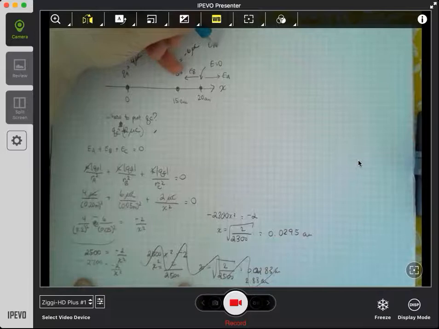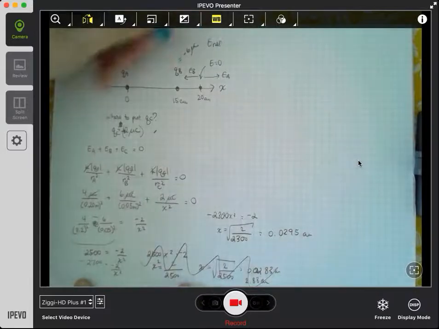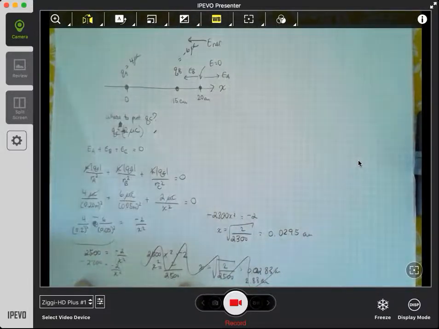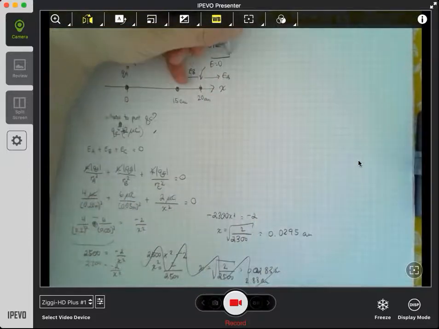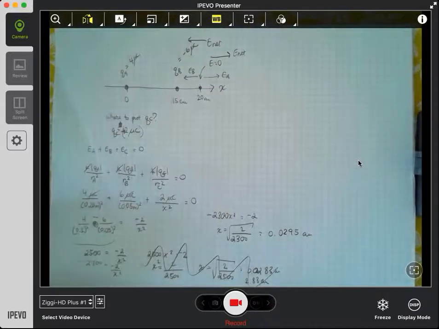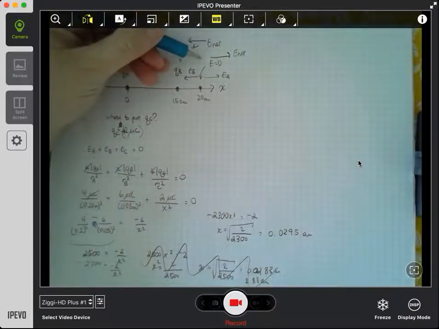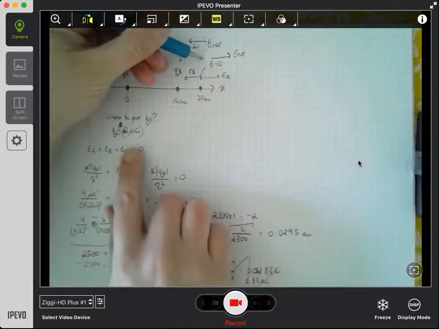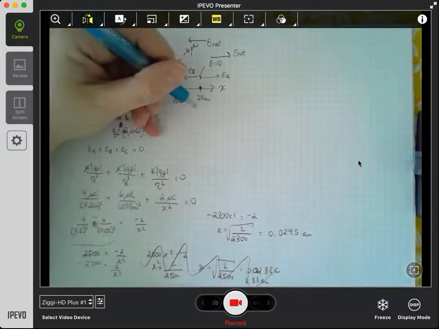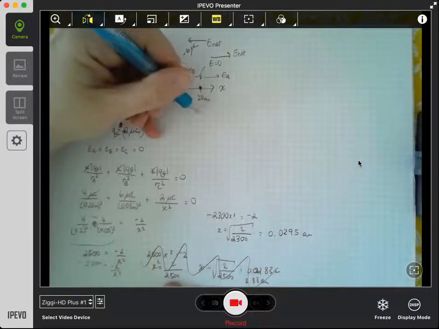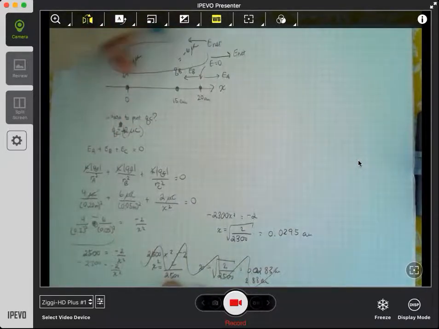So right now, E net at negative 20 due to QA and QB is negative. It points in that direction. So if we want the net E field to equal 0 at this point, our new E field needs to be in the positive direction. All right, now we know that in order for the field to point in the positive direction due to a positive charge, it needs to be pointing away from it, which means QC has to be over here somewhere.